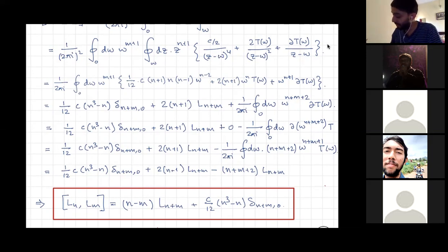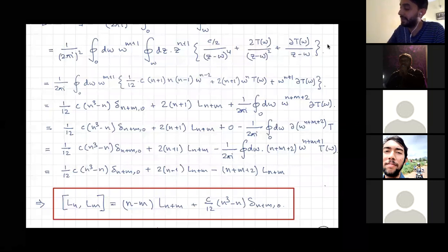And you see that this extra piece that you have out here, which is something that you added onto the Witt algebra, comes about because you have this anomalous term in the TT OPE.